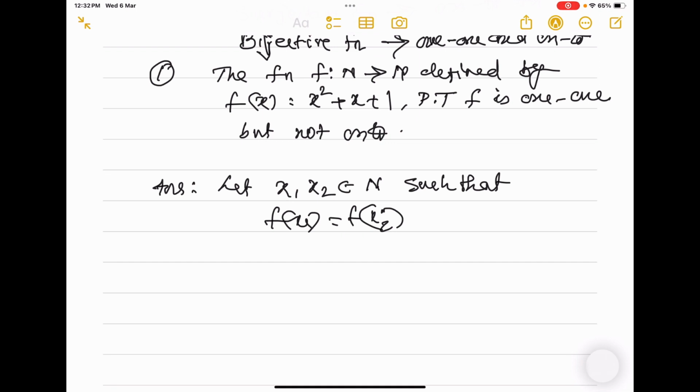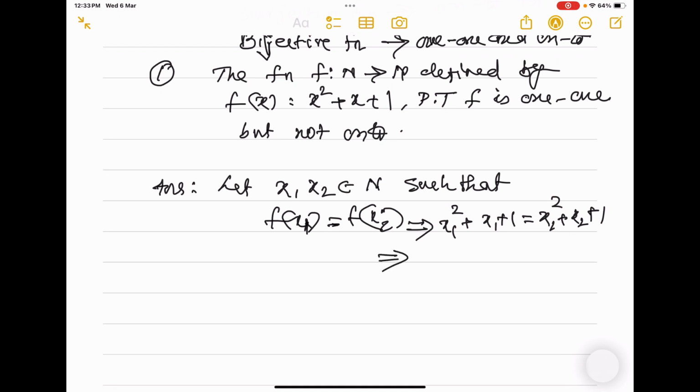That implies x1 square plus x1 plus 1 equal to x2 square plus x2 plus 1. In f of x, instead of x, you put x1 to get f of x1, and put x equal to x2 to get f of x2.